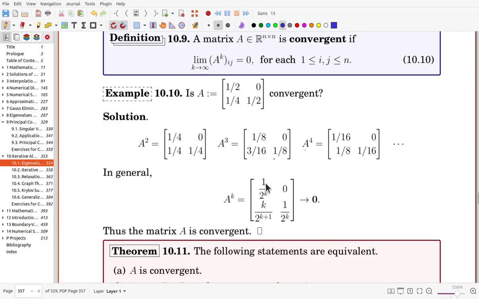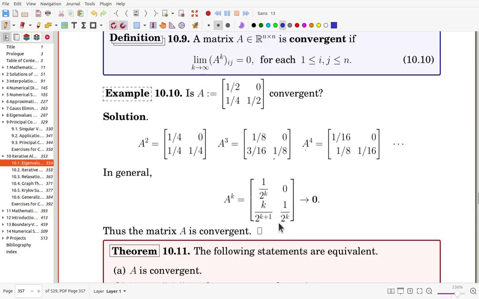The first component is 1 over 2 to the k, and 0, and k over 2 to the k+1, and then 1 over 2 to the k. As k increases, we know that all entries go to 0, so the given matrix A is convergent.